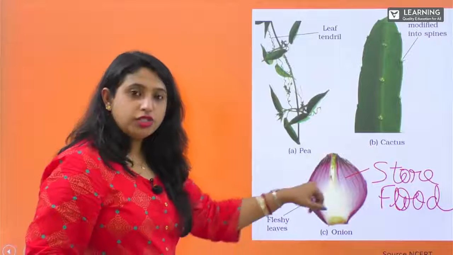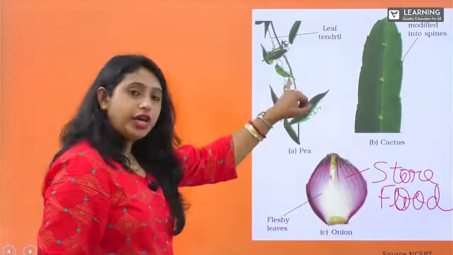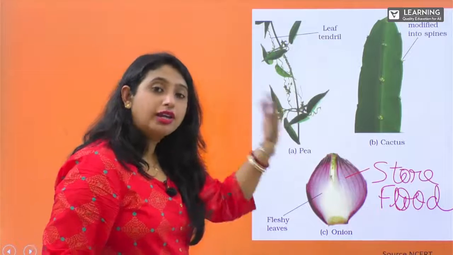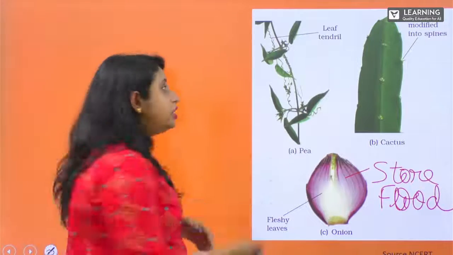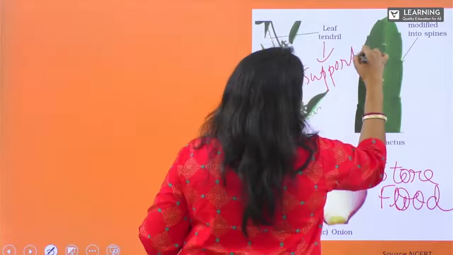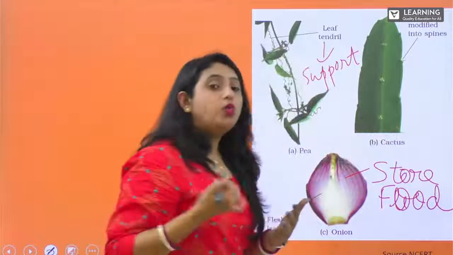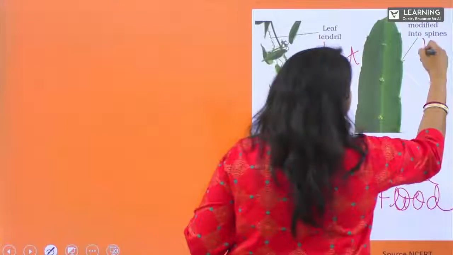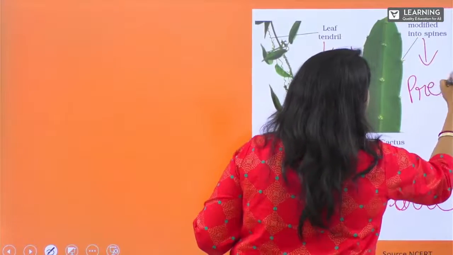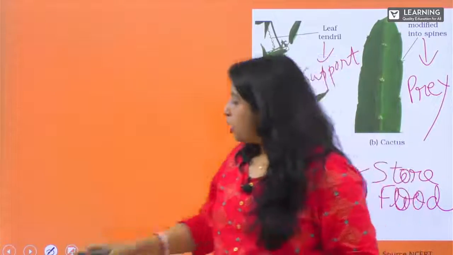These fleshy leaves modify to store the food. As you can see, these are the tendrils. Why do they modify? In order to climb, in order to provide support, right? So these are the cactus. In the cactus, the leaves modify. Why? In order to protect themselves from the prey, isn't it? So the leaves modify.